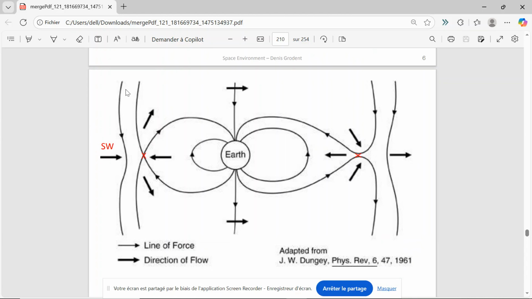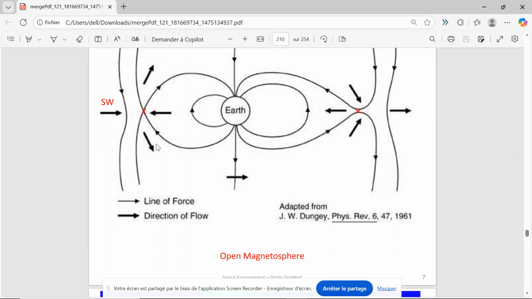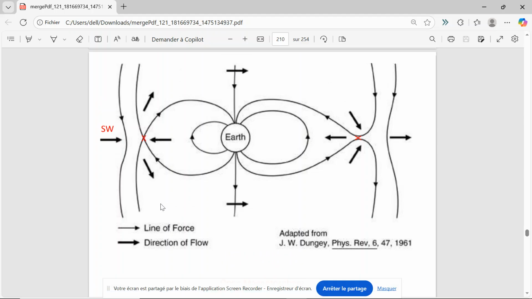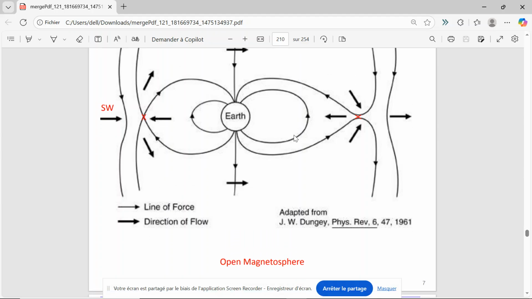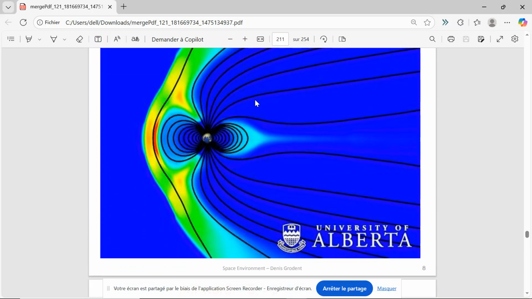The solar wind and the solar magnetic field lines just reconnect after passing the Earth. The Earth is like a perturbation for the solar wind magnetic lines. So here you can have a reconnection also between the magnetic field lines of the Sun and the ones of the Earth at the magnetopause. Okay, so this is a representation of the reconnection between the magnetic field lines of the Sun and the Earth.